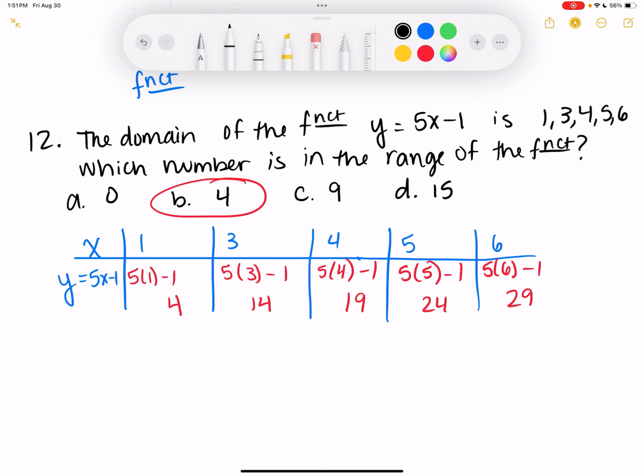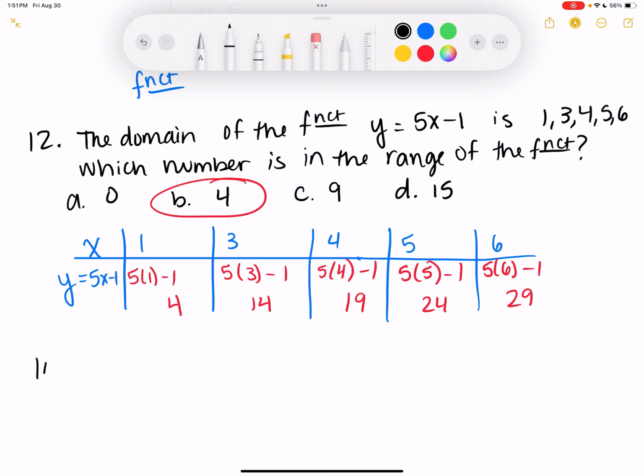So it's essentially like these, but they gave us y equals, and then they gave us the numbers that we're plugging in. How did you get 4? How do you know which one is right? Because that was the only answer option that was down here.